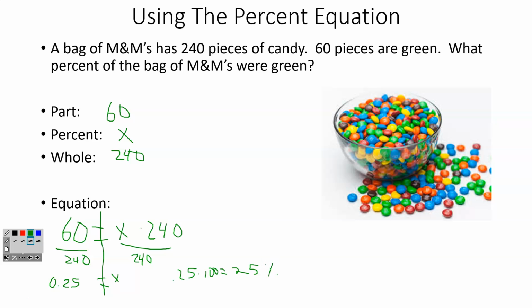To do it the old way, my part over my whole equals my percent over 100. And when I type that into my calculator, I get x equals 25, and don't forget your percent because we're looking for a percent.